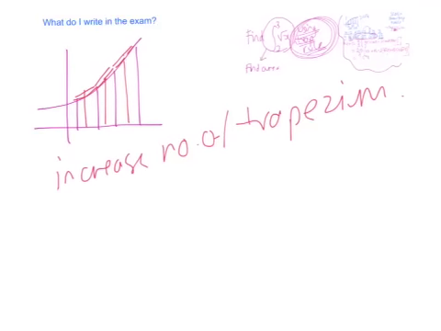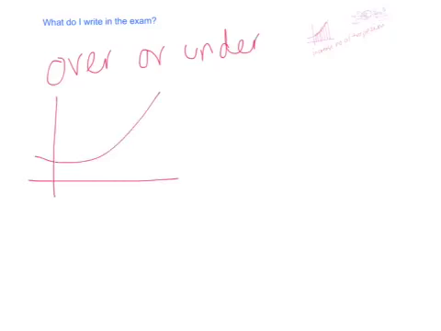The second thing, the next thing, is this. They might ask you if your estimate is an overestimate or an underestimate. Now, this is really dependent on what the graph looks like. So I'm going to draw you 2 graphs. One graph looks like this, and one graph looks like this. And we're going to put some trapeziums on. So let's pop some trapeziums.